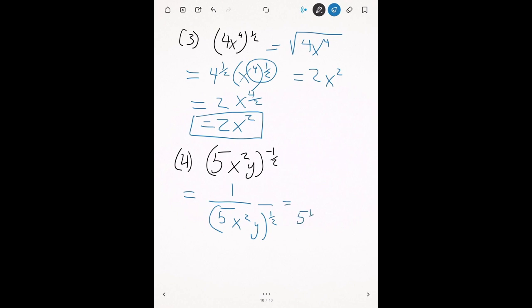So that's 5 to the 1/2 power, that's x to the 1st, and that's y to the 1/2 power, under 1. Okay, I'm going to group a couple of these things together, because I think it might be easier if we saw the stuff to the 1/2 power all together.